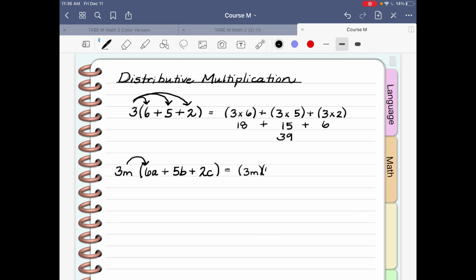And I'm going to write it this way. So there's 3m times 6a. And then 3m times 5b. And then finally 3m times 2c. Okay, so I have distributed the 3m to all terms.